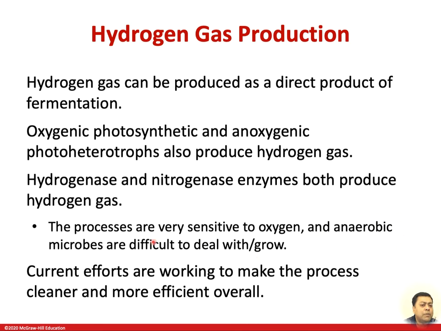And the anaerobic microbes are also very difficult to deal with and grow. So these are some of the drawbacks of industrial hydrogen production, where you have to use these anaerobes to grow under anaerobic conditions to produce hydrogen. So there are also current efforts to make the process cleaner and more efficient.